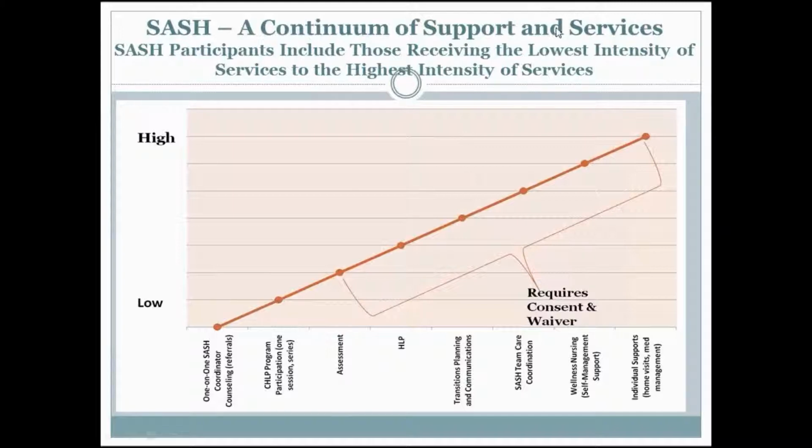Sorry about that. There it is. Wellness nurse visits. So it's all of these services on the continuum that will absolutely require a consent to be signed by your potential participants as well as a waiver form. So that's just another way to explain how the services and the supports will vary.